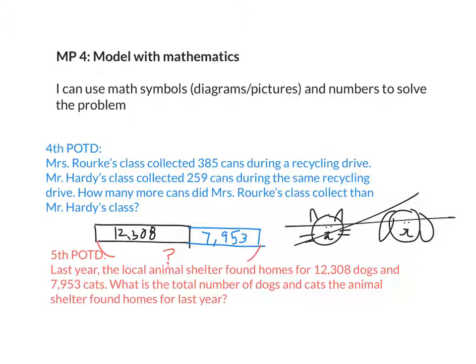Or in the 4th grade, I could show that Mrs. Rourke's class collected 385 cans, and Mr. Hardy's class collected less. They only collected 259 cans. And what I'm trying to find is this difference right here. Do you guys see that? Okay, so MP4 means I can draw math pictures to show the math problem.